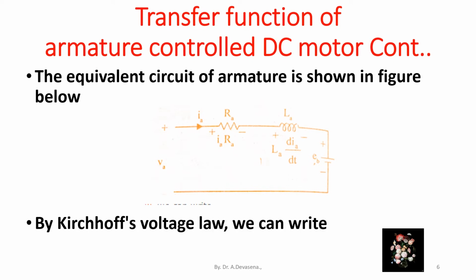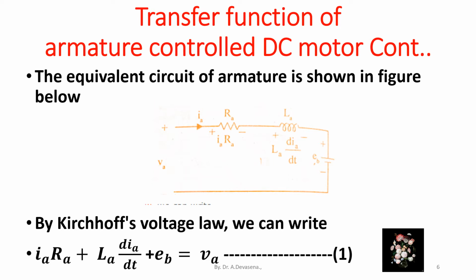By Kirchhoff's voltage law, we can write I_A R_A plus L_A di_A(t) by dt plus E_B is equal to V_A. That is, the voltage drop across the resistance plus the voltage drop across the inductance plus the back EMF is equal to the applied voltage V_A. Consider this as equation 1.